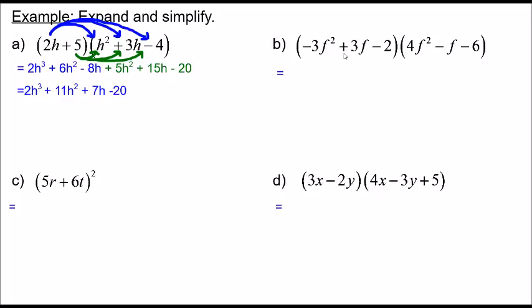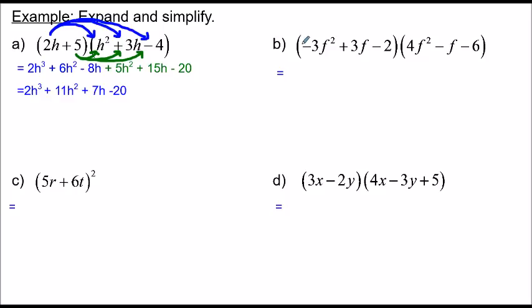The second example is a little bit more complicated because we have a trinomial, 3 terms, 1, 2, 3, by a trinomial. But we're not going to do anything differently. We're going to start with this negative 3f squared, and we're going to distribute it into each of these 3 terms in our second trinomial.